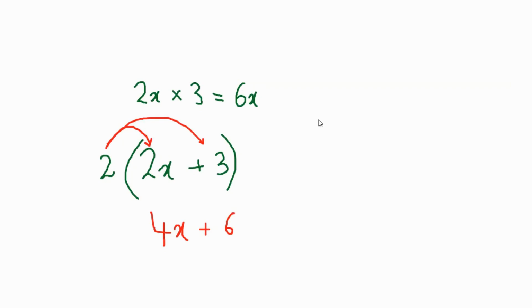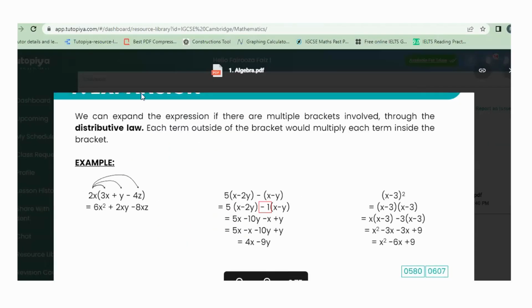Going back to our slide here, we have 2x multiplied by 3x plus y minus 4z. Somebody should tell me now, how many terms do we have in this particular expression? Can you tell me how many terms we find in this expression?